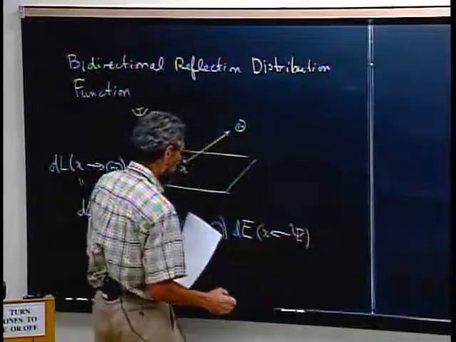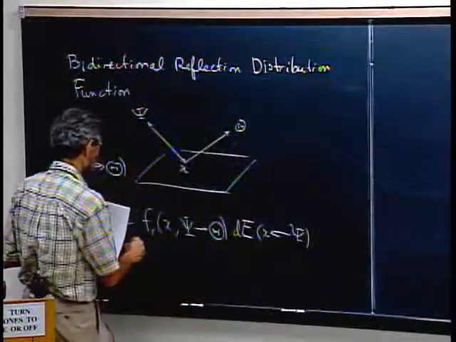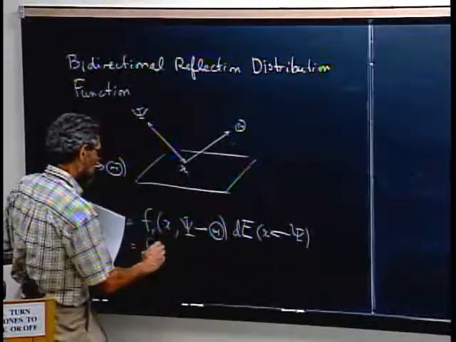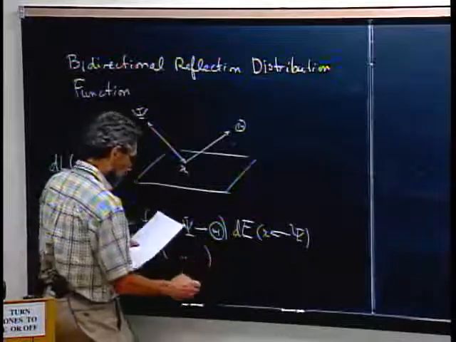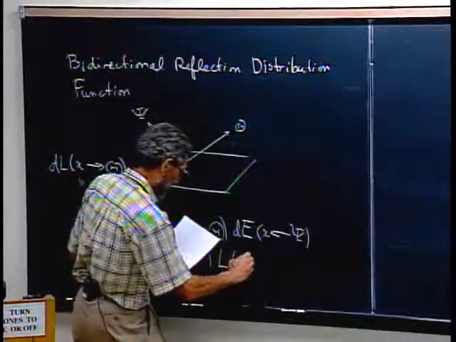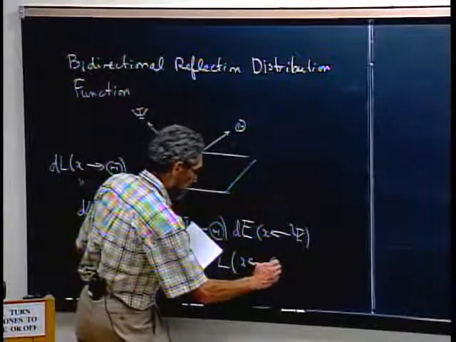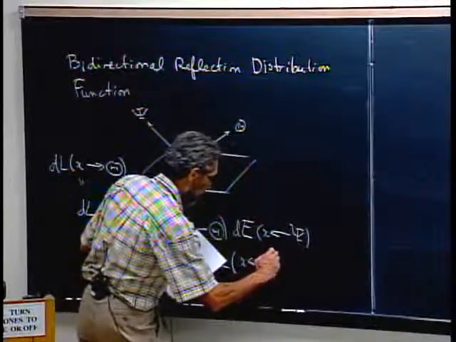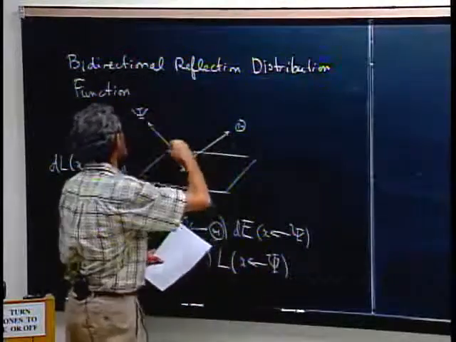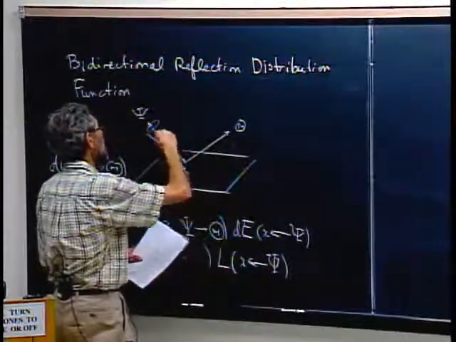What we really are doing is a little solid angle around that. So it's this f_r times the radiance flowing toward direction x from this direction psi, but in some solid angle, right?